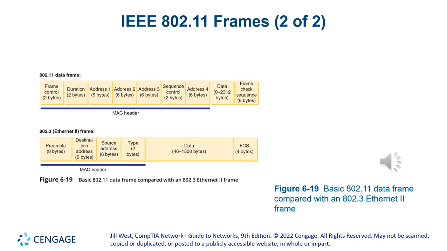Now, the 802.11 has 4 addresses: address 1, address 2, address 3, and address 4, which include the address of your access point, because now you have the access point in the middle. So it's not just your source and destination, but you also have the 2 addresses in the middle, your access point acting as a middleman to get that communication.